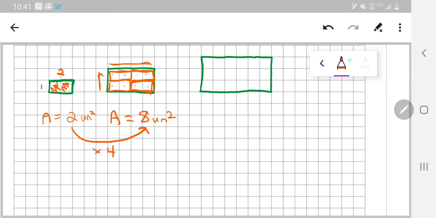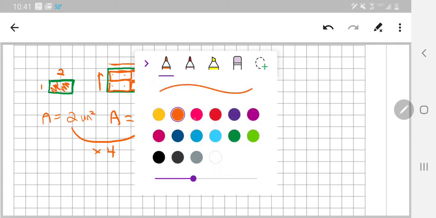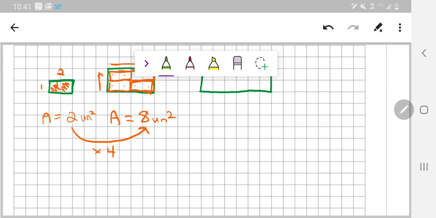So if I look at this, let's do a different color. All right, so what was the scale factor? The scale factor is 2, and how does that relate to this area factor, what I call the area factor? Well, it's actually the scale factor times itself.